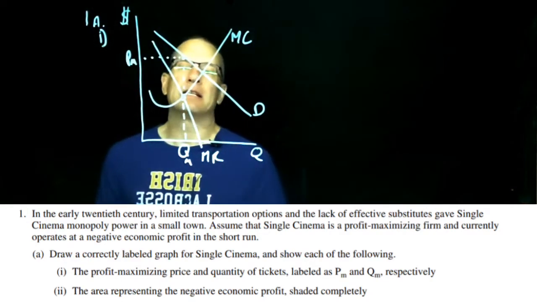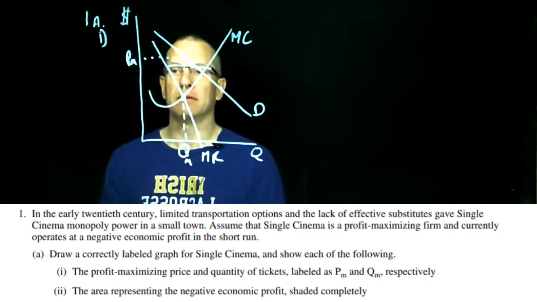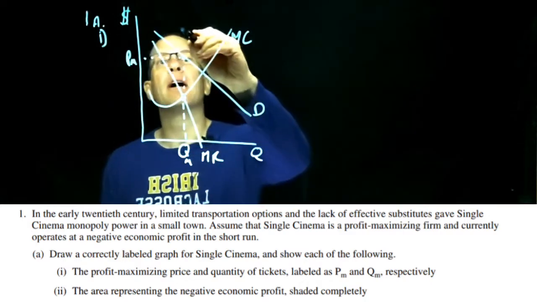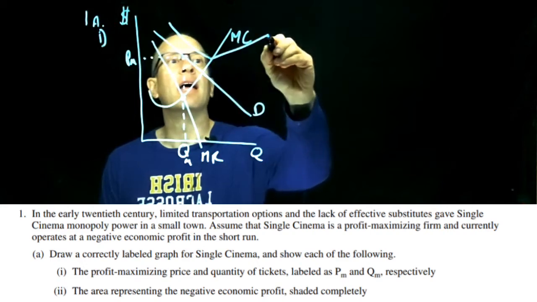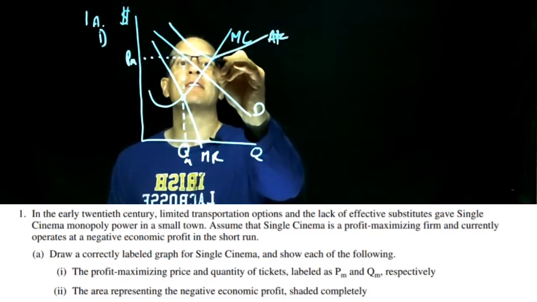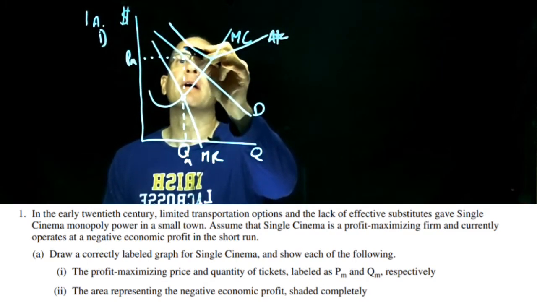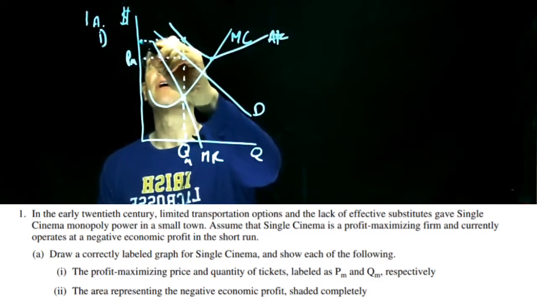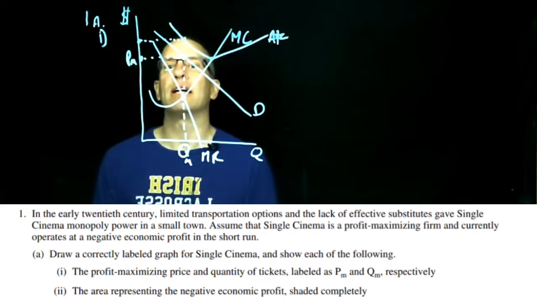Okay, and now that it's making negative profit here, we need to make sure that the ATC ends up falling above the price, and there it is right there, our ATC crossing the MC at its lowest point. We could go up here and hit the ATC, and if we go over there, this is where we're showing the shaded area of that negative loss.